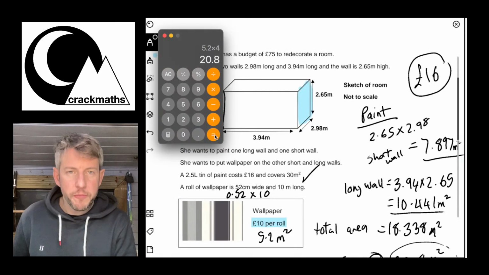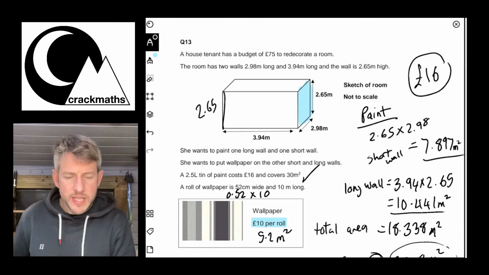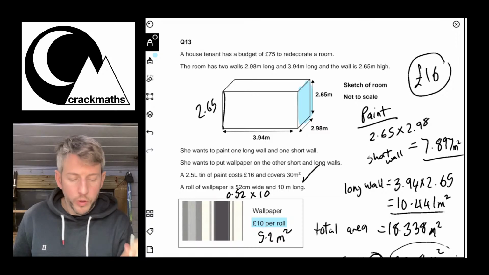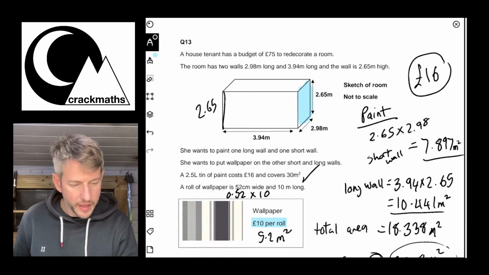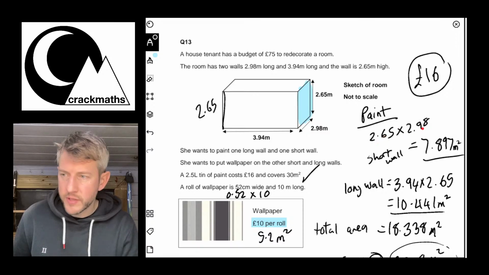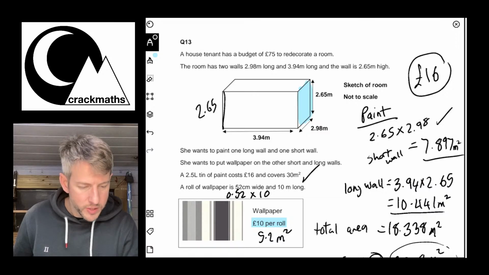So £75 to decorate the room. Let me get rid of the calculator. Sorry, that's in the way. £75 to decorate the room. Okay, great. We've got that. She wants to paint one long wall and one short wall. Okay, so we've calculated the areas of the walls. 2.65 times 2.98. Yep. Long wall is 3.94 times 2.65.